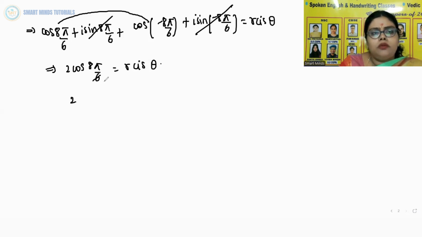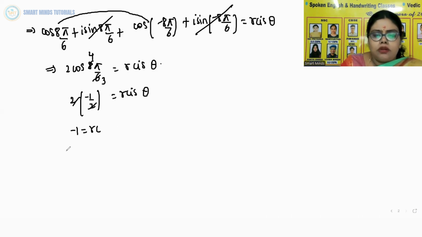So 2 into, what is this? 8π/6 is 4π/3. π/3 is 60, 60 into 4 is 240. What is cos 240? Cos 240 is −1/2, which is equal to r cis θ. Now the 2 gets cancelled. −1 is equal to r cis θ.